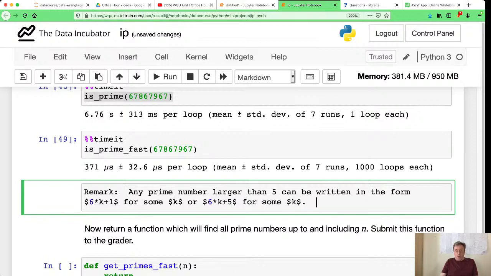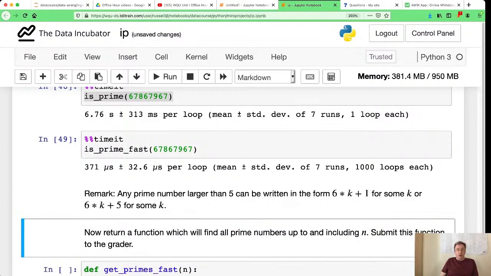In other words, let me just say it in words. If a number is prime, if I look at the remainder when I divide that number by 6, I'm going to get either 1 or 5.